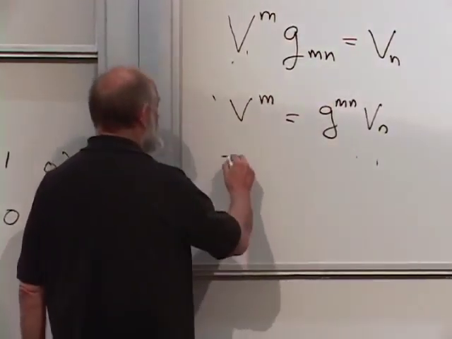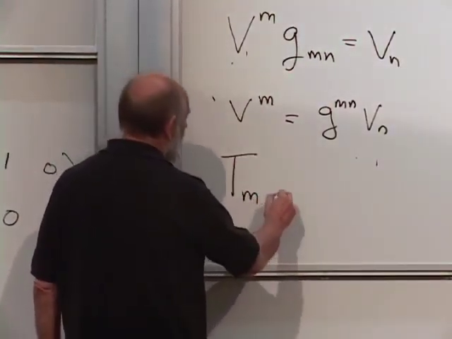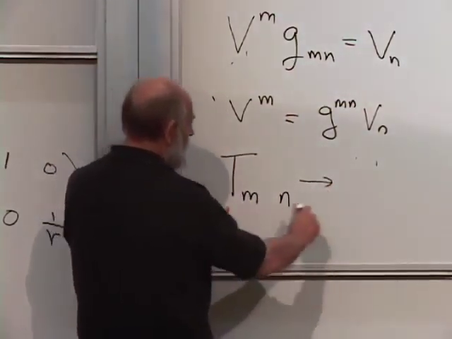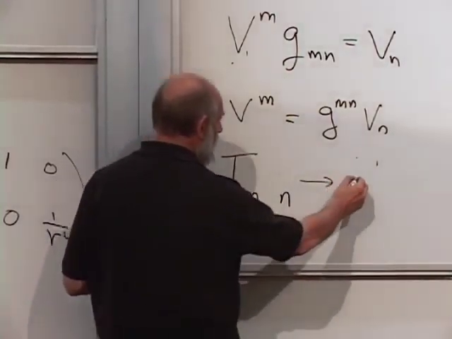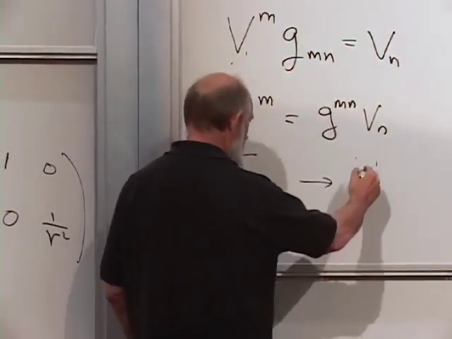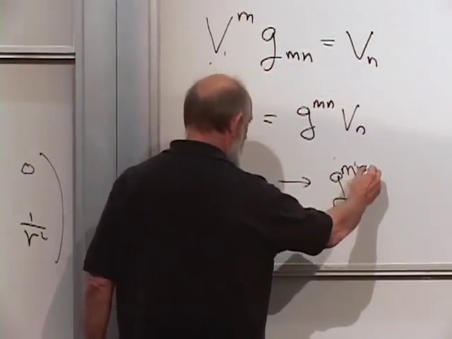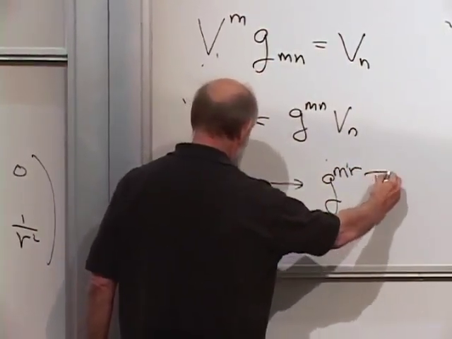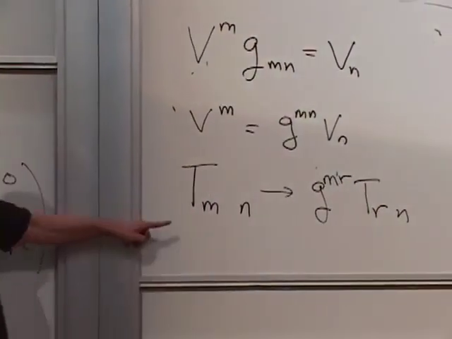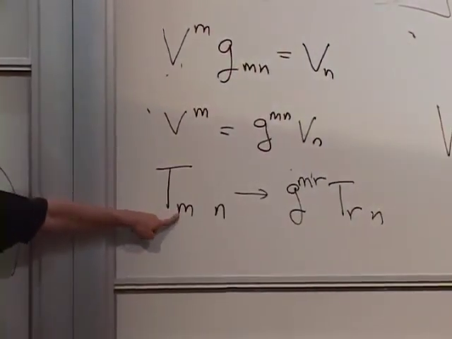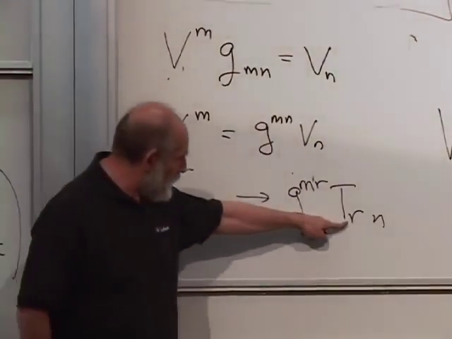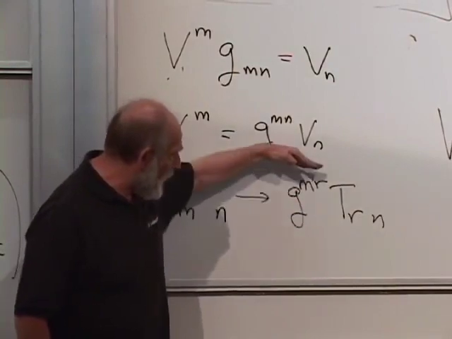For example, if I have a general tensor T_{mn}, I can raise the index m. How would I do that? I would multiply it by G^{mr} T_{rn}. I've taken the first index on the left here, and I've applied the trick to the first index to raise it.